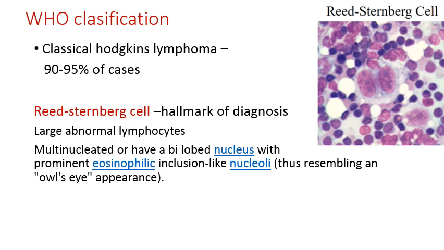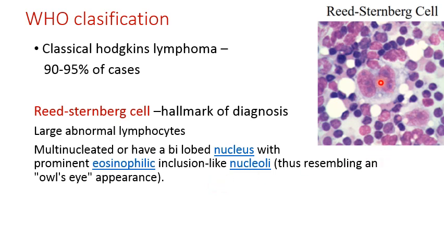So it is a cell that is found in lymph nodes. It's a large abnormal lymphocyte. The classical appearance is that it could be either multinucleated or it has a bilobed nucleus like this, a nucleus with prominent eosinophilic inclusions like nucleoli.